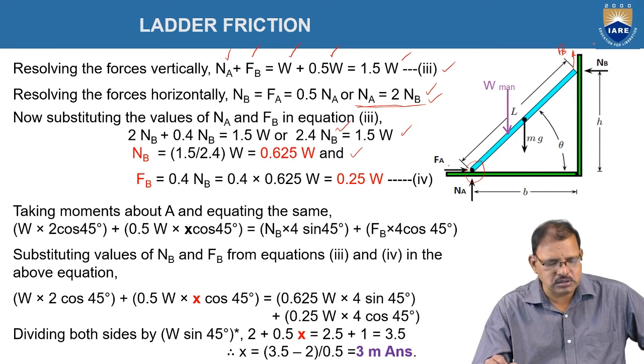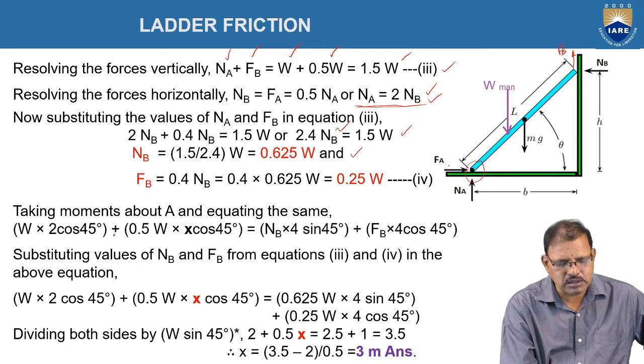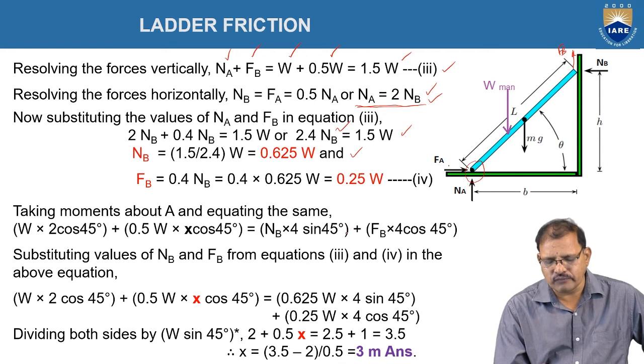According to that condition, we get W into 2 cos 45 degrees plus 0.5 W into X cos 45, because the position of the man when the ladder is about to slide we assume as X, which is equal to NB into 4 sin 45 plus FB into 4 cos 45.